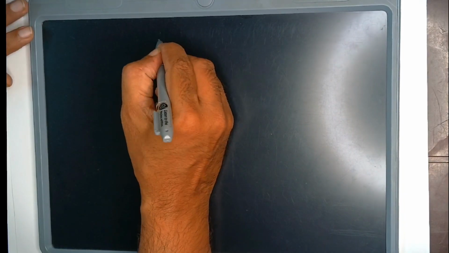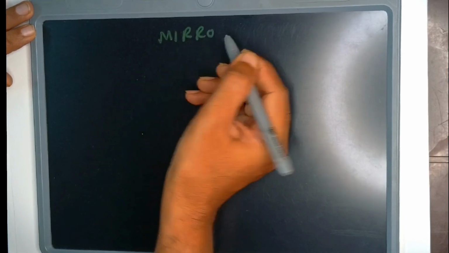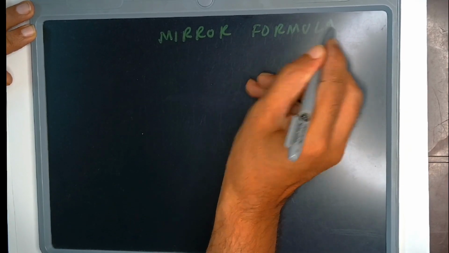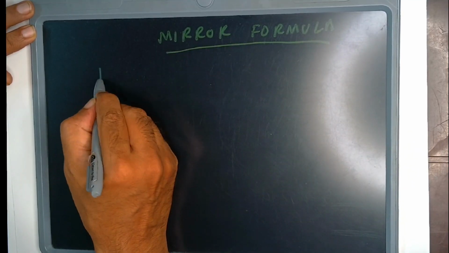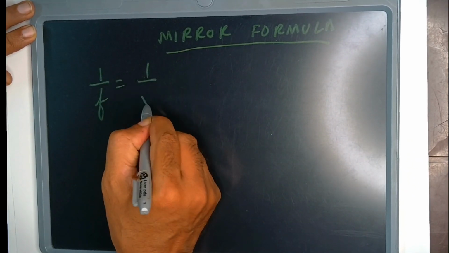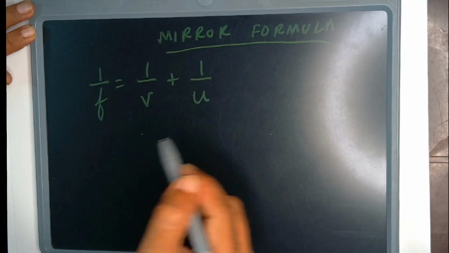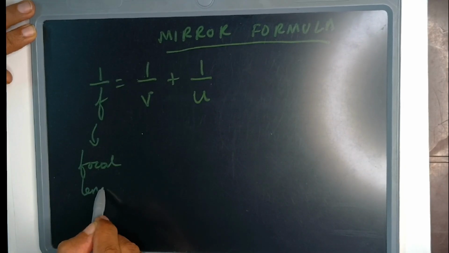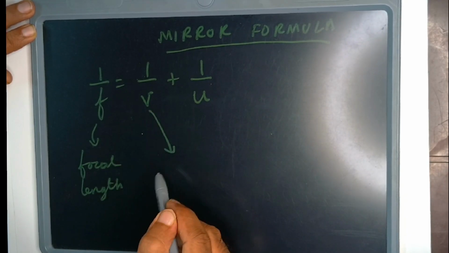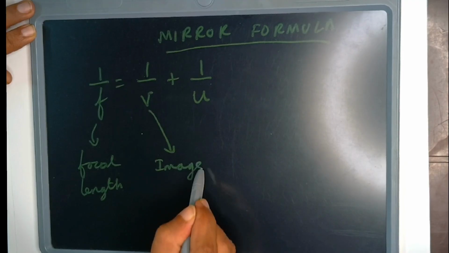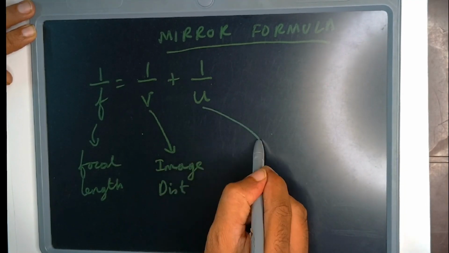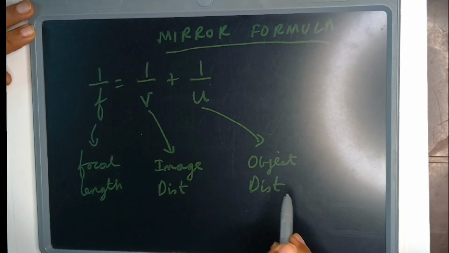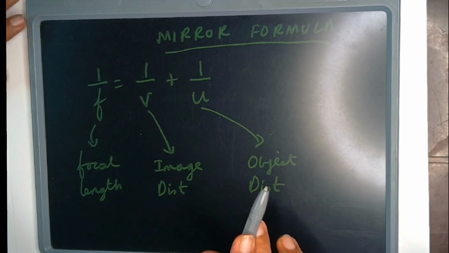The mirror formula is given by 1/f = 1/v + 1/u. f is the focal length, v is the image distance, and u is the object distance. This is the mirror formula.